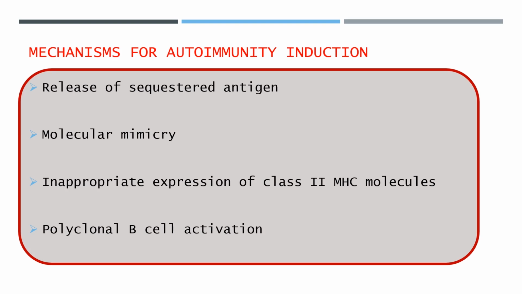So if the body is exposed to those bacteria or viruses in the first instance and antibodies are developed against them, the antibodies can go ahead and attack the normal parts of the body that share similar antigenic determinants with those viruses and bacteria and begin to cause autoimmune diseases.